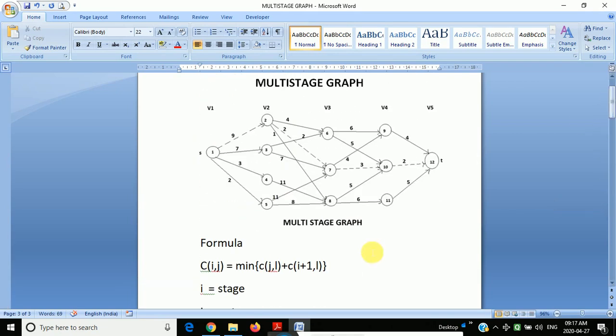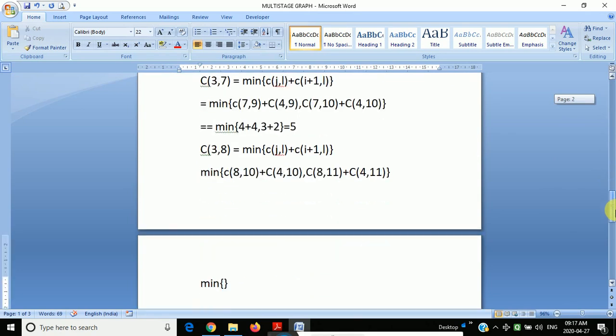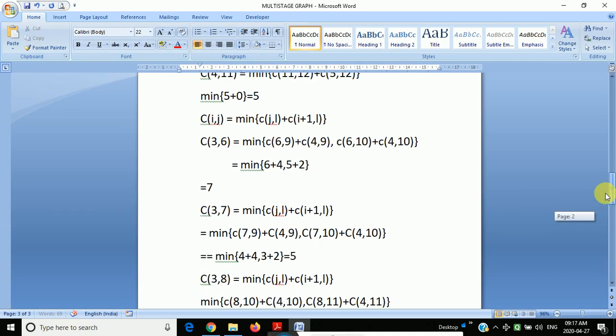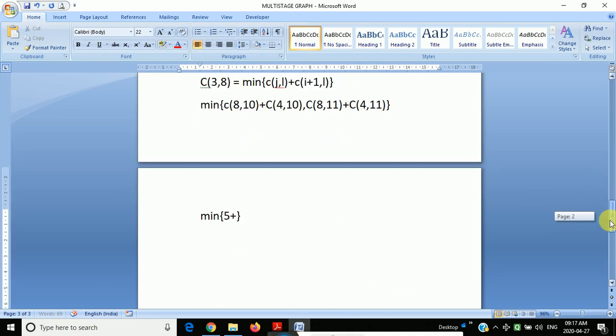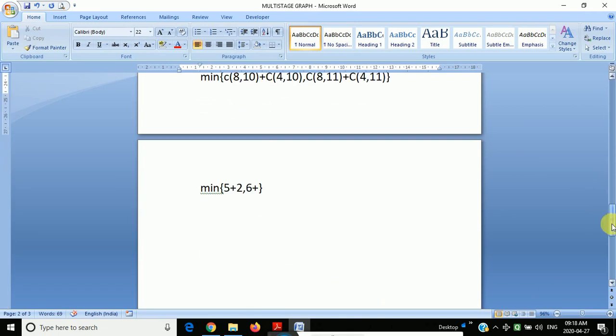Just check here. 8 comma 10 is 5, 8 comma 11 is 6. 8 comma 10 is 5 plus, see the previous stage, 4 comma 10, that is 2. 8 comma 11 is 6 plus 4 comma 11, which is 5, the previous stage.